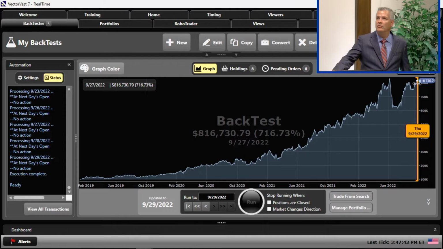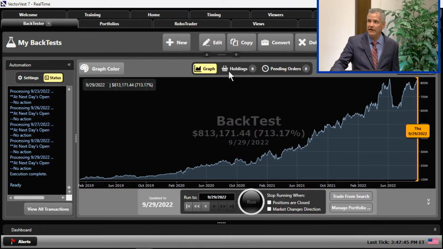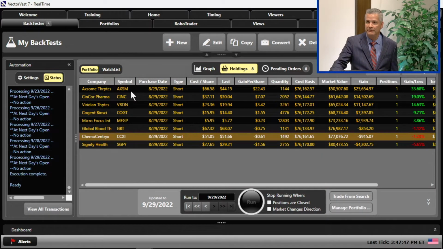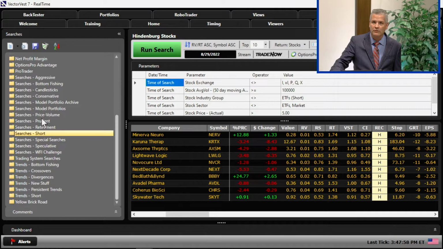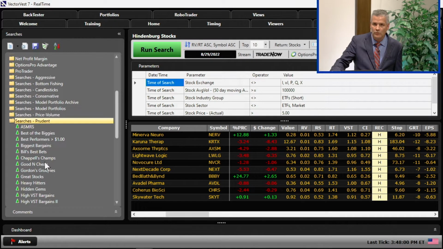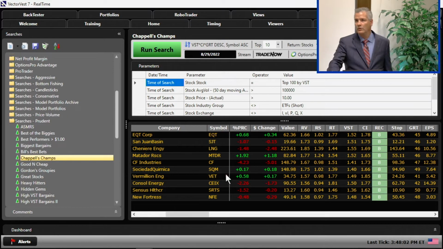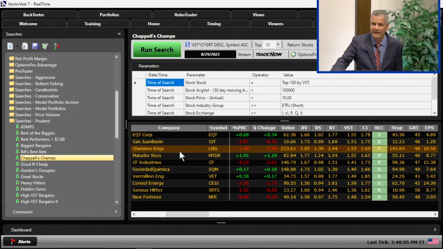What kind of stocks does Chappell's Champs pick, right? Well, this is short right now. Jerry covered there's 8. What caliber of stock does Chappell's Champs pick? Cheniere Energy.